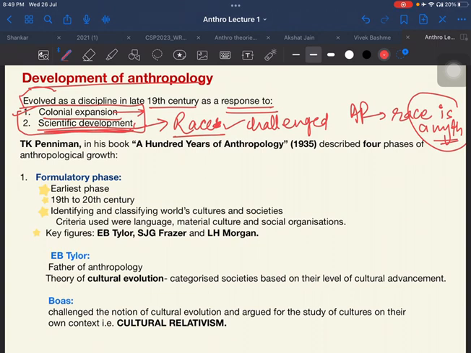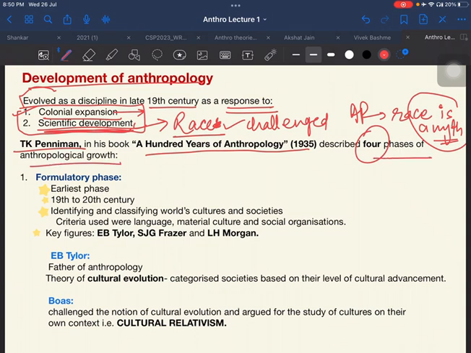Now, when we have to tell the development of anthropology, we will divide it into various parts. We will not do it by ourselves. We are not some scholar to divide by ourselves. We will take some scholar who has already done it for us. One such scholar is T.K. Penniman, who in his book A Hundred Years of Anthropology, 1935, has given four phases of anthropological growth.